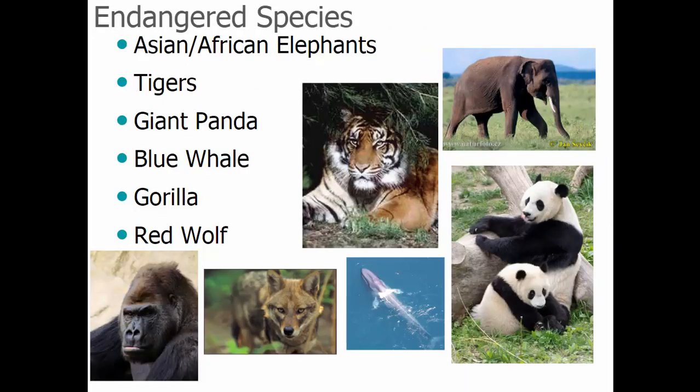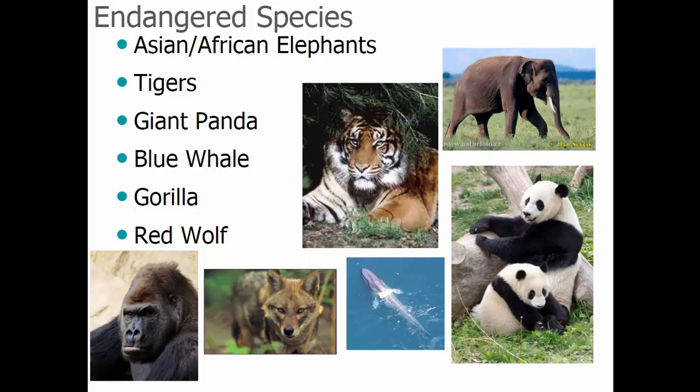Here's some examples. Typically, you might think of endangered species, and you think most likely about these big, showy animals that we like to look at that are engaging, like elephants and tigers and pandas and so forth. And yes, all of these organisms are endangered. But for each of these showy organisms that we all are probably familiar with, there are thousands of other species that we have no idea about.